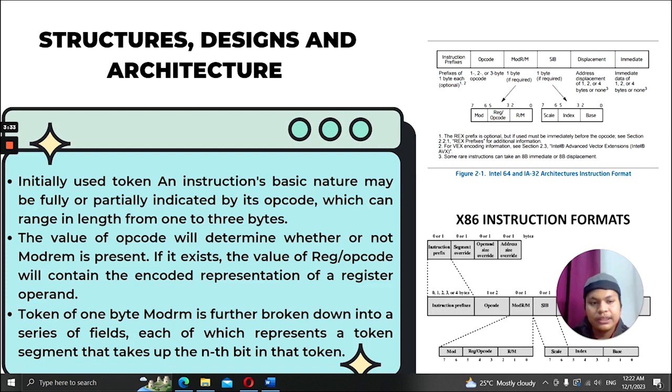Also, it has been designed as a complex instruction set computer known as CISC, which is a computer architecture in which a single instruction is capable of performing many low-level actions.